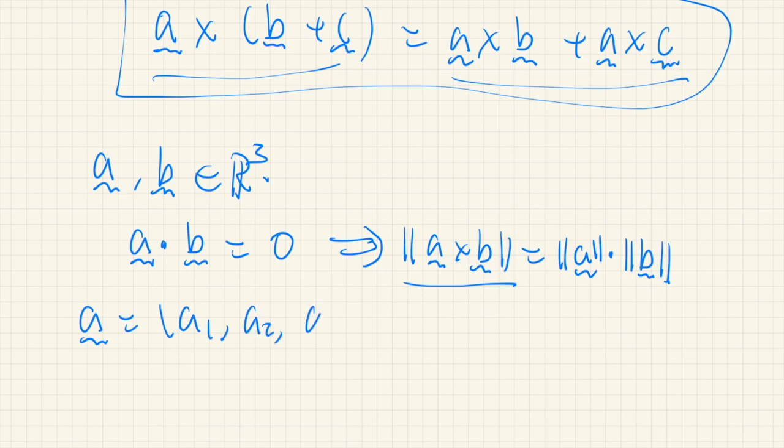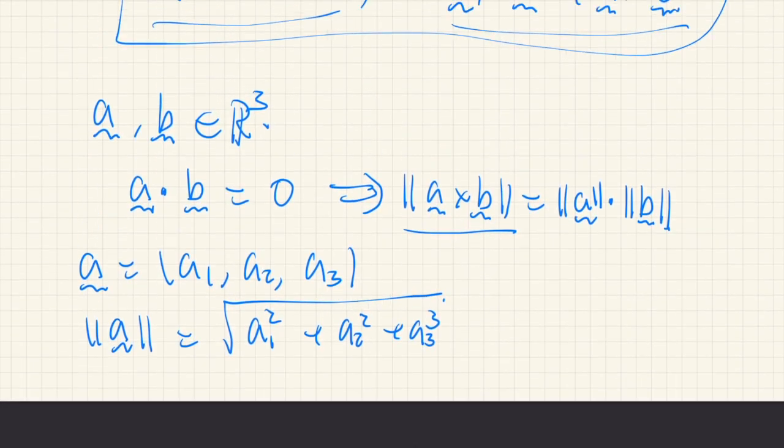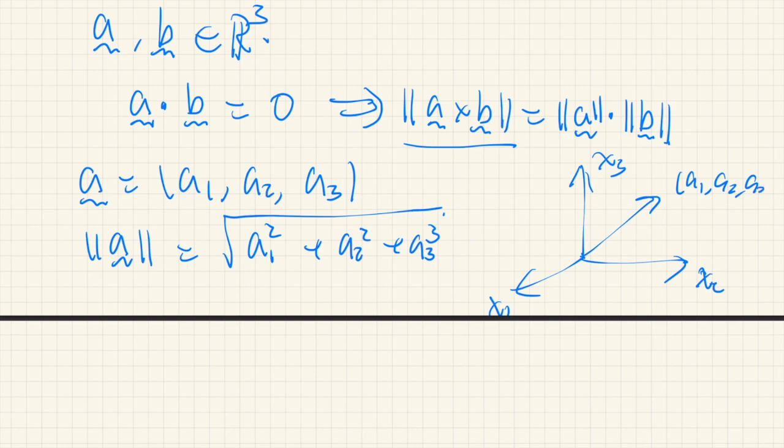So if A is (A1, A2, A3), then the norm of A is the square root of A1 squared plus A2 squared plus A3 squared. In three-dimensional space, say we have x1, x2, x3 coordinates and a vector (A1, A2, A3).